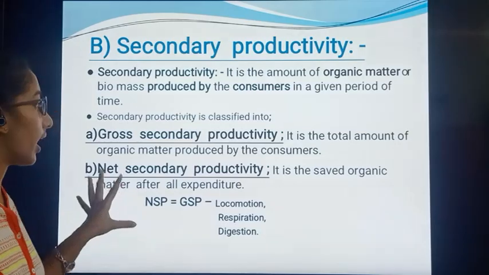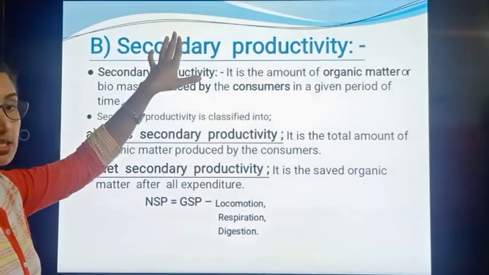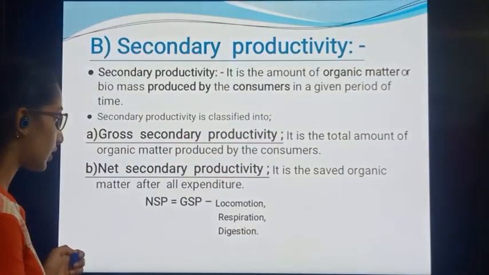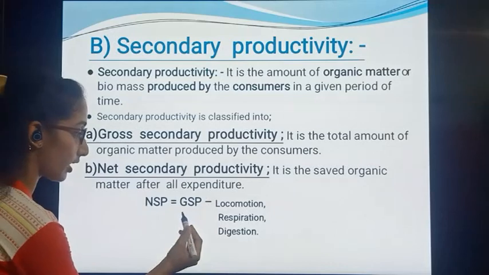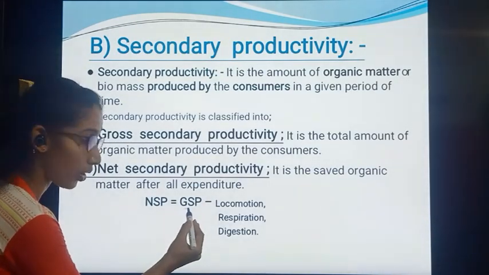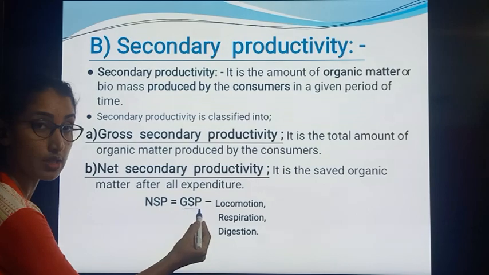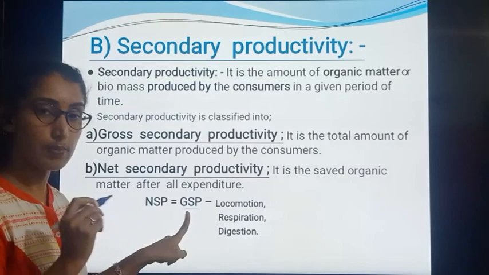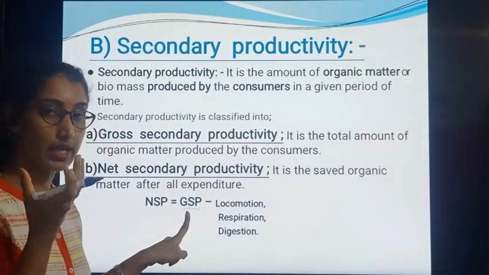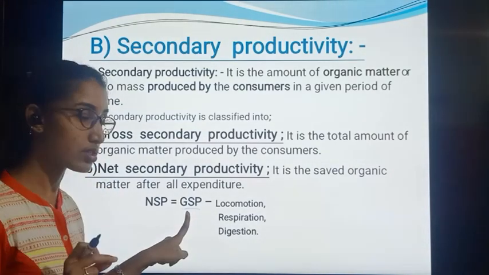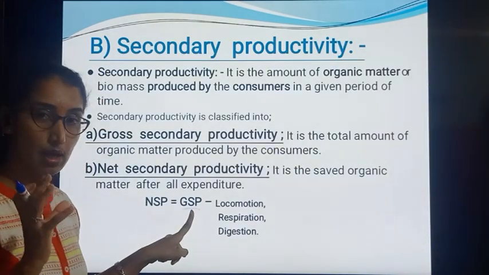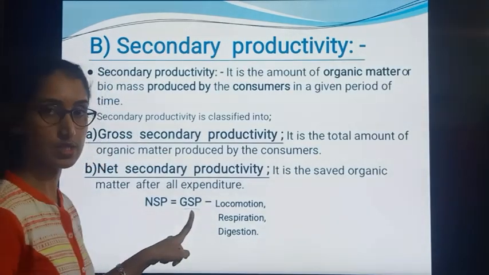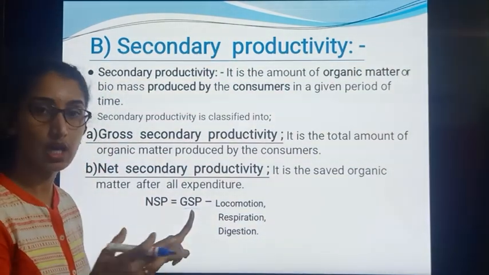A consumer is producing organic matter. The total amount of organic matter produced by the consumer is the gross secondary productivity. That total amount of organic matter is utilized for what? For locomotion, since these consumers are locomoting.